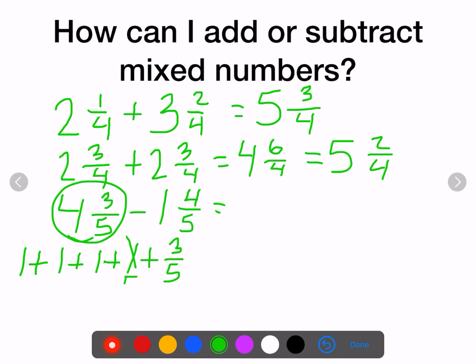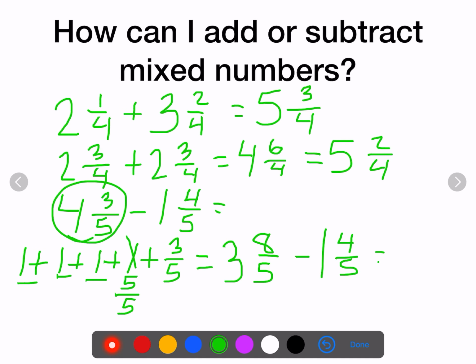That would be 5/5. When I add this back together, I still have the same amount. I have 4 wholes and I have 3/5. But when I add it back, I have 3 wholes and 8/5. Then I can do 3 and 8/5 minus 1 and 4/5.